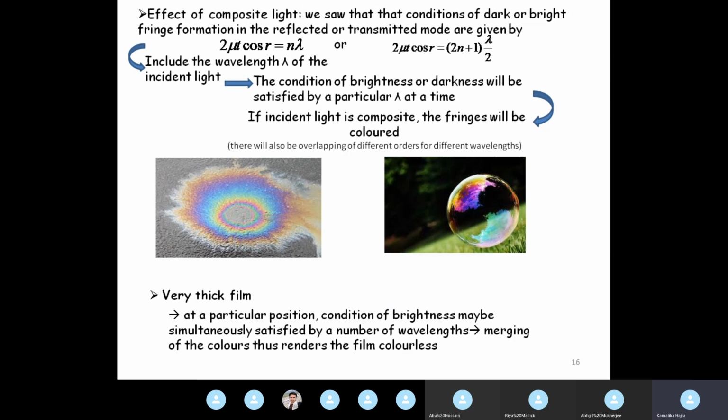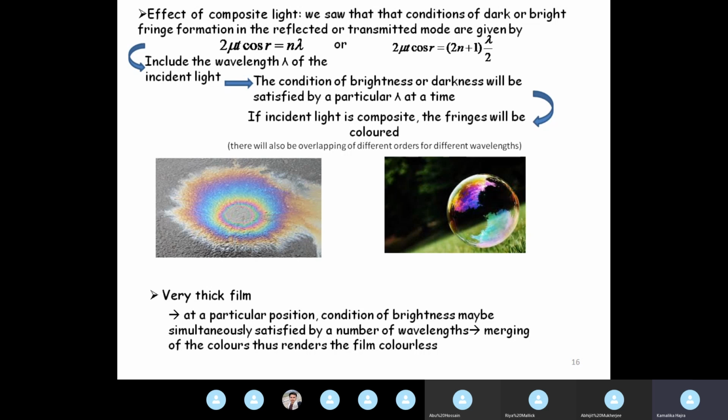Why? See, for a thick film at a particular position, the condition of brightness may be simultaneously satisfied by a number of wavelengths. So there will be a merging of the colors, and merging of the colors will once again render the film colorless.